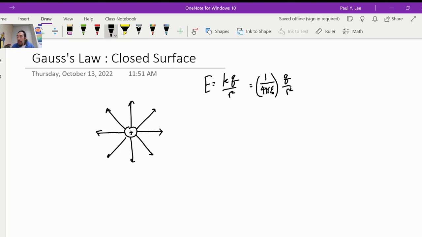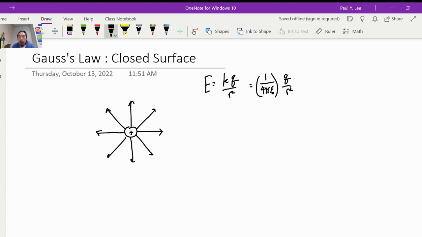Wonderful. With that out of the way, let's apply what we learned about flux to the situation here. If you remember from the previous video, I was talking about these windows, these areas for the flux to go through.